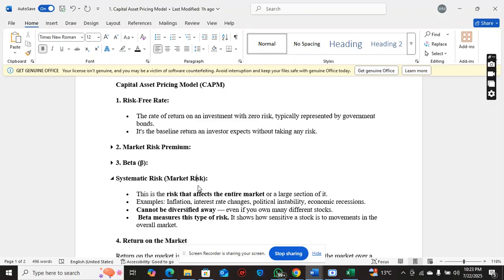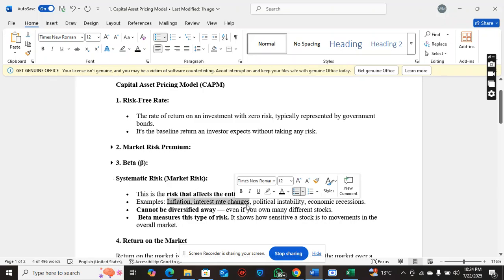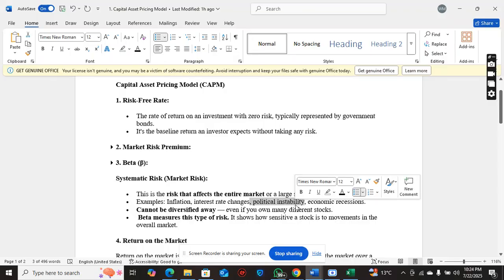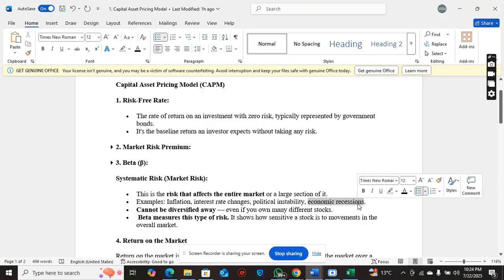All companies that are in that stock market, like the Osaka Securities Exchange, have certain risks attached to them that affect the stock market. These risks can come from inflation, interest rate changes, political instability, and economic recessions. So equity beta is just measuring risk.